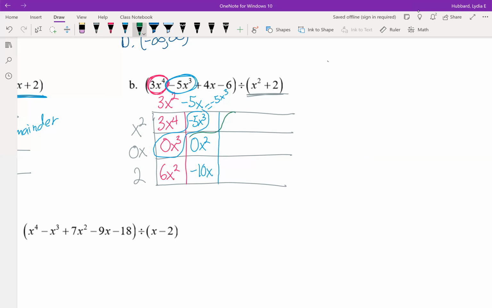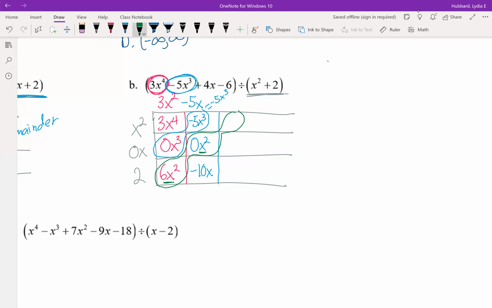Okay, now the next diagonal, which is this whole thing, has to add to, and pause for a second, because a lot of people are going to want to say, oh, that has to add to 4x. But that's not possible because these are x squareds. So how would x squareds possibly add to just a normal x?